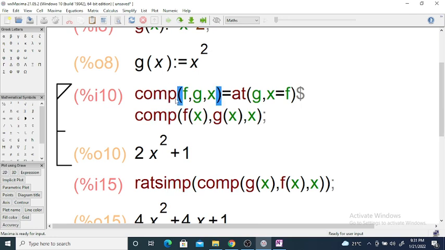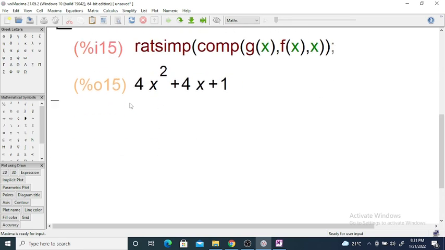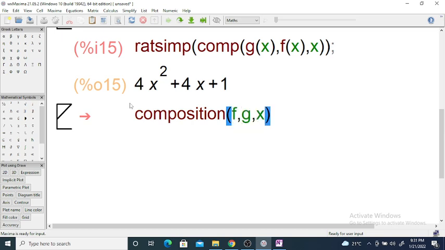You can also write another function to find a composition. If you write here composition instead of comp, composition of f, g, x, and if you write a dollar sign.